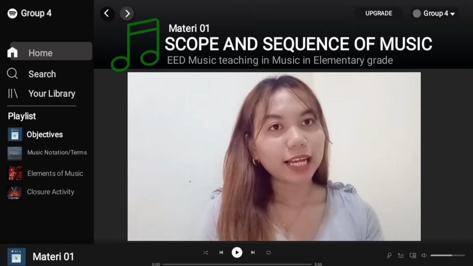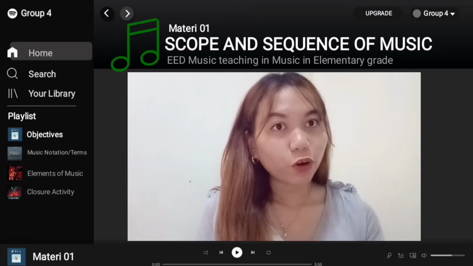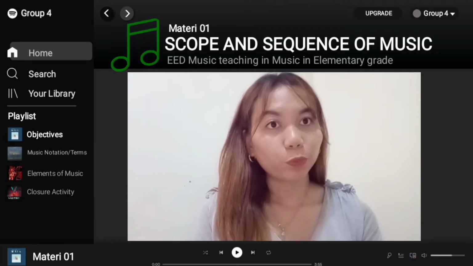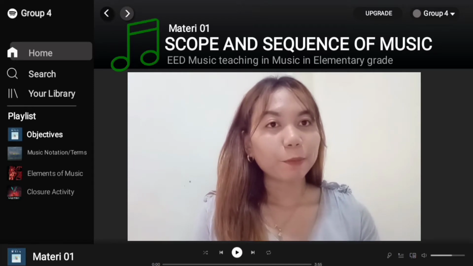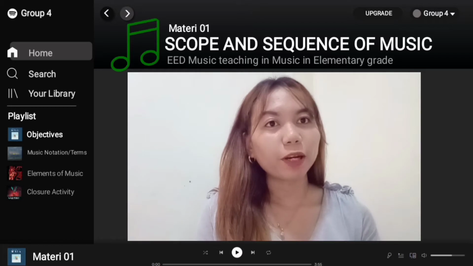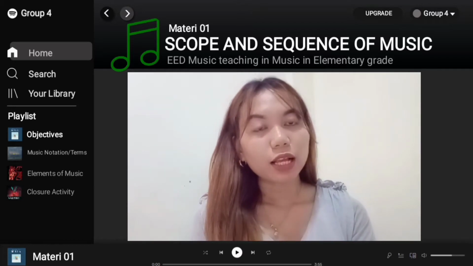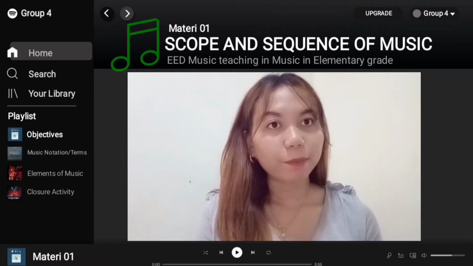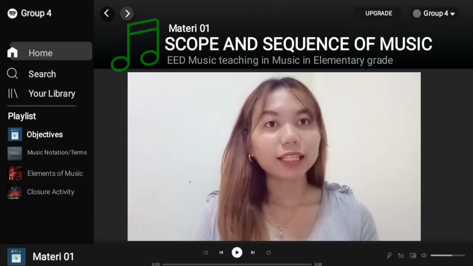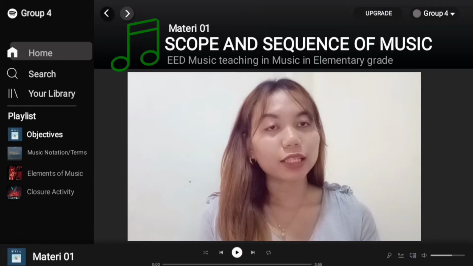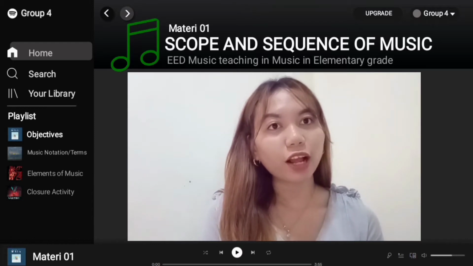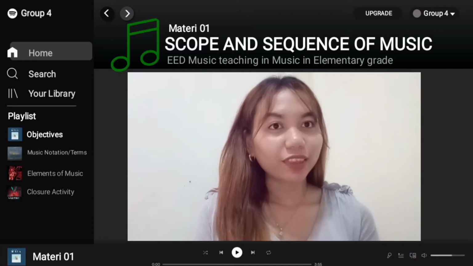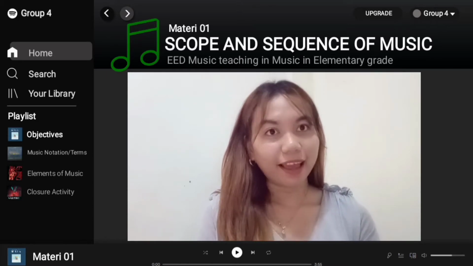So, kung tatanungin natin sila ng shall we move on to another concept, another topic about music, at may magsasabi pa rin dyan ng no ma'am, di ko pa rin po magets tong part na to. So, hindi na tayo pwedeng mag-move or mag-step ng another concept hanggat hindi pa nila naiintindihan yung part na yon. Kasi ganoon naman talaga, 'di ba? Hindi tayo sa buhay, hindi tayo makaka-move on sa isang bagay kung hindi natin 'to naiintindihan kung bakit nangyari yon.